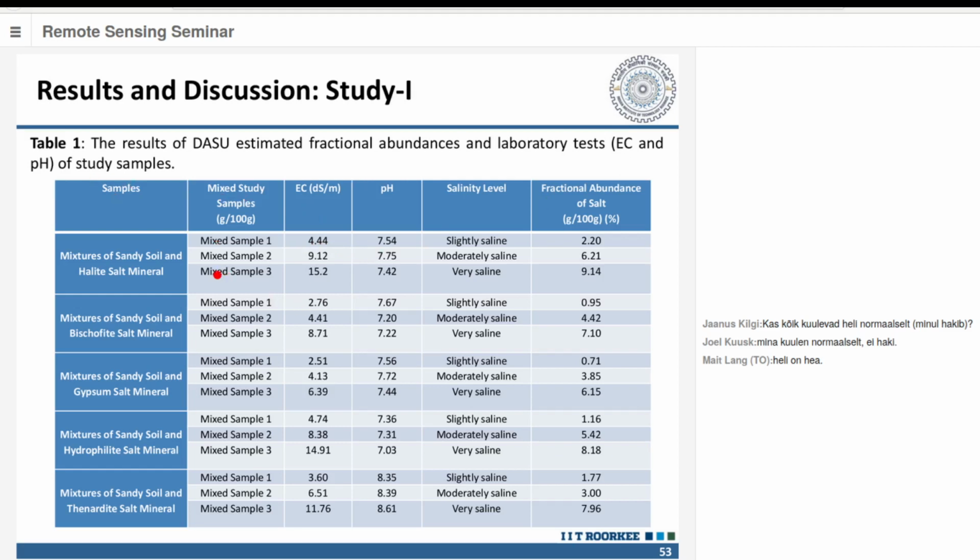So these are the samples for one kind of salt. I have taken 3 kinds of mixtures, and this is the electrical conductivity values. This is the pH values, and based on the results, I have divided the salinity level into slightly saline, moderate saline, and very saline, and these are the results which I have obtained using the DASU method approach.